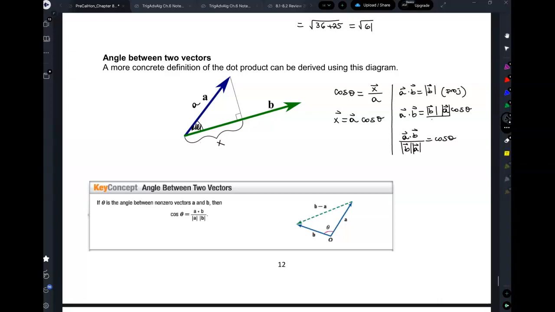So if this was at pre-calc level, I would just say, here's the formula for cosine theta, memorize it. But here, I really want you guys to know where things come from, right? So this is where all that comes from. We just did A dot B, it's this times that, and then we solved for the cosine of theta. So, long story short, if you want to find the angle between two vectors, this is the formula you're going to use, okay?